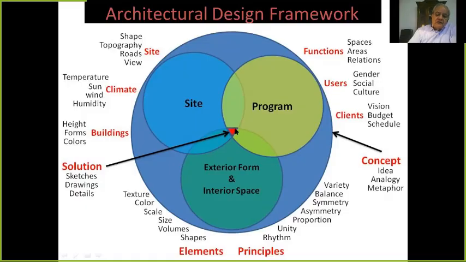What we are aiming at is to reach that red triangle in the middle. That is a solution for the challenge. I don't call it a problem. It's a challenge of having this program in this site with this form.